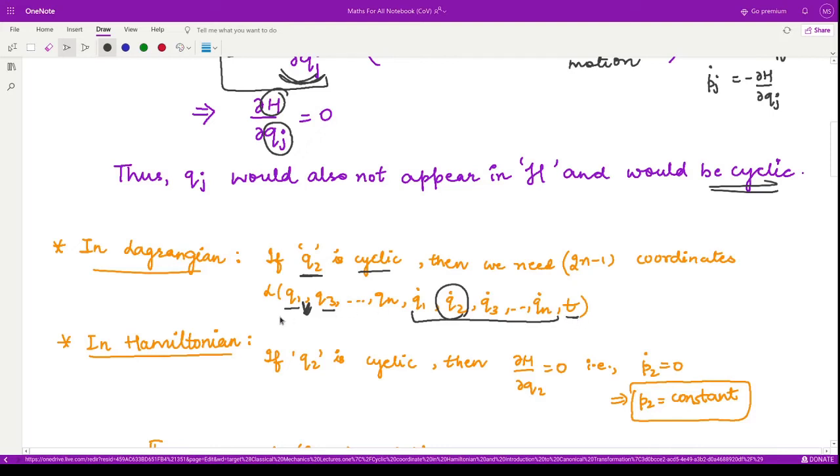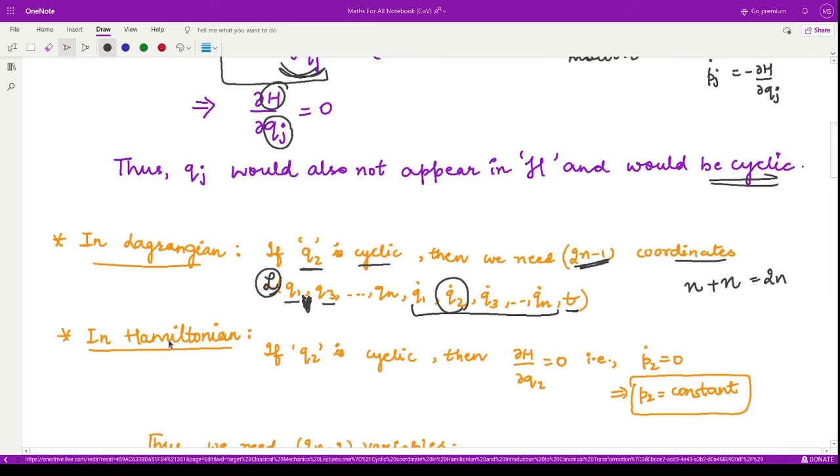These are all the variables on which the Lagrangian depends. If we ignore t, in total we would have n generalized coordinates and n generalized velocities, that means 2n, and now we are lacking one coordinate q2, so overall 2n minus 1 variables are there in this Lagrangian.